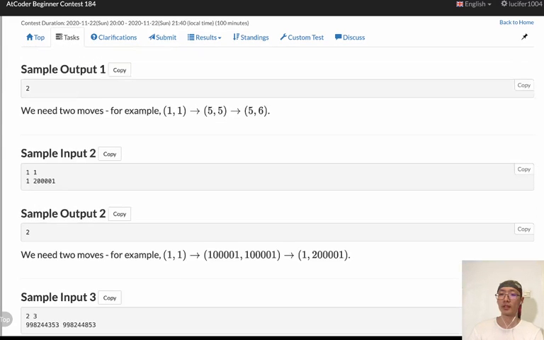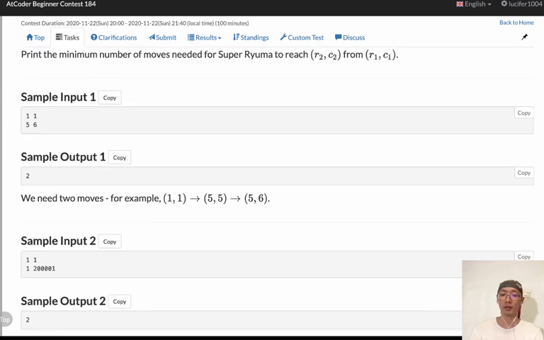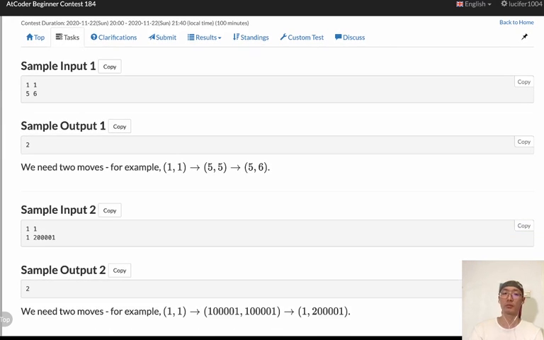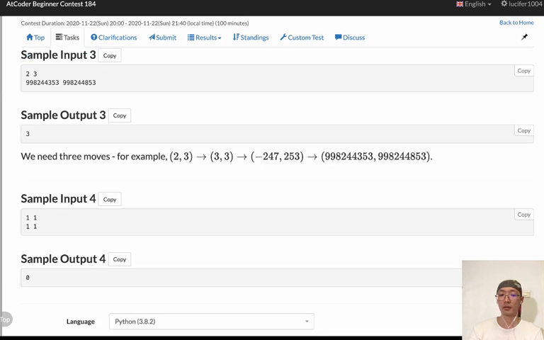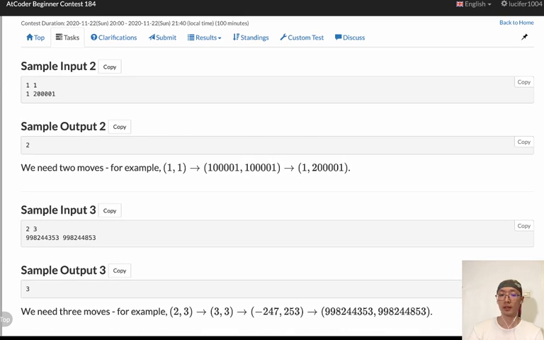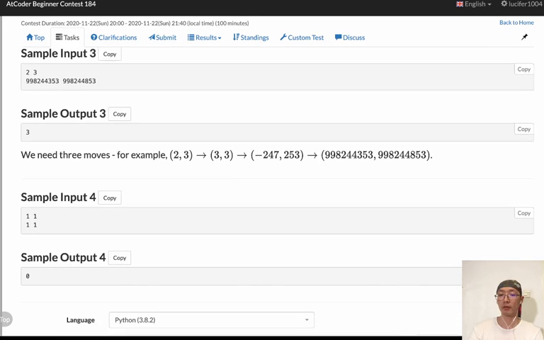So, is there any pattern? Let's start from the easiest case. In this problem, the easiest case will be like sample 4. That is, R1 equals R2 and C1 equals C2.